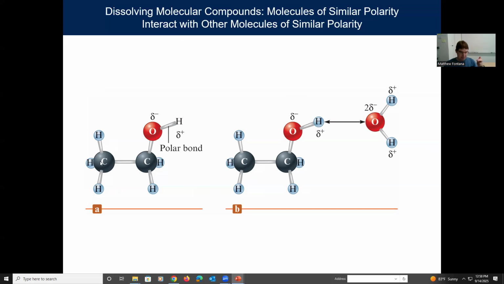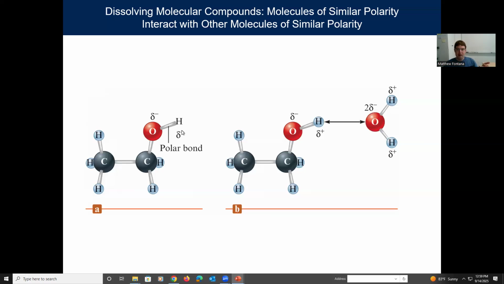We have two carbon atoms, an OH bond here, and some hydrogen-carbon bonds over here. As we'll learn later in this class, in the OH group, oxygen is very electronegative, so it's going to have a partial negative, and hydrogen is not that electronegative, so it's going to get a partial positive.